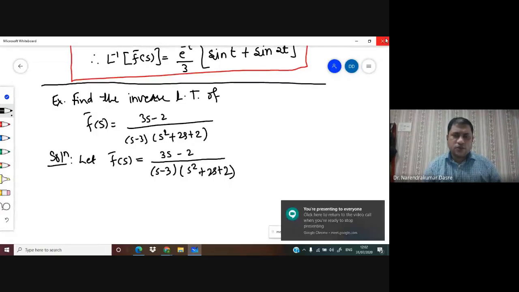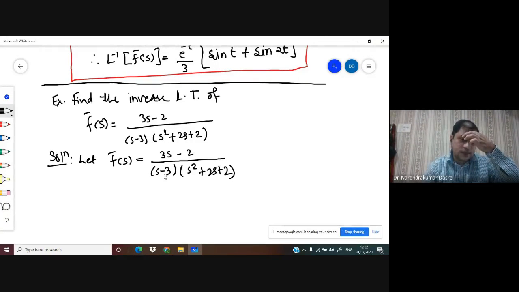Here we have one linear factor and one quadratic factor, and moreover, this quadratic factor is an irreducible quadratic factor. Let this be equation 1.